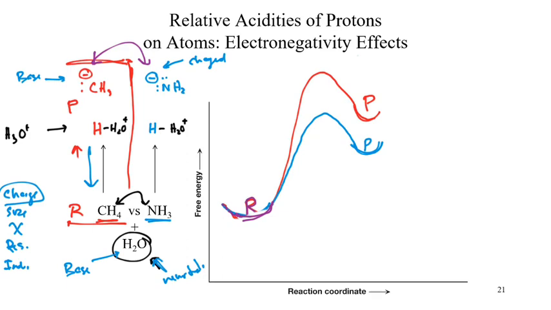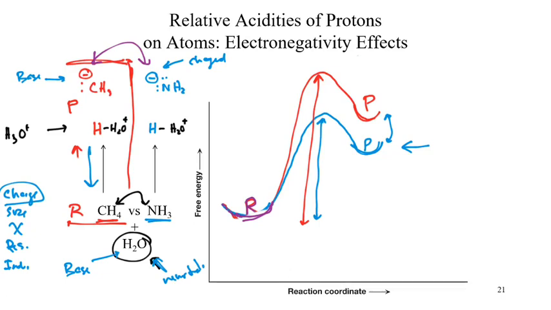Okay, well, if I'm going to try and remove a hydrogen from CH4 and NH3, I'm going to remove the hydrogen from the NH3 first. Okay? Why? Well, one argument might be that we have a difference in energy in our products. The better argument, the activation barrier to remove the hydrogen from NH3 is lower than it is for the CH4. Okay? And that's what we're using our energy diagrams to kind of show and help us represent.